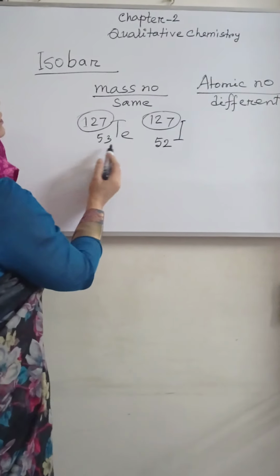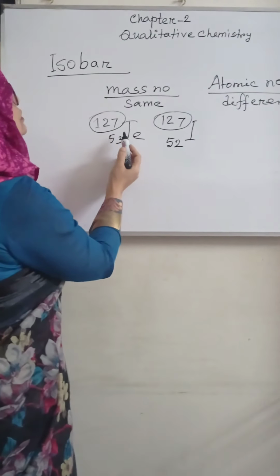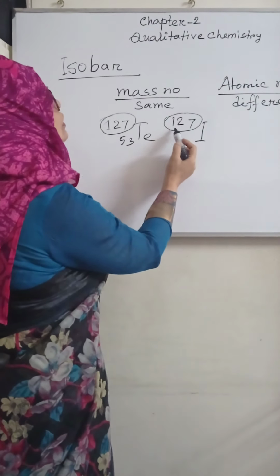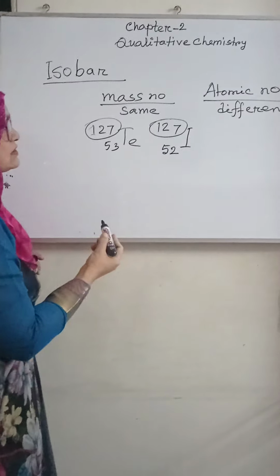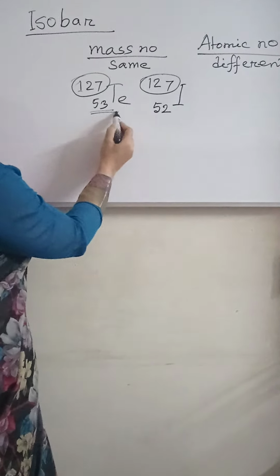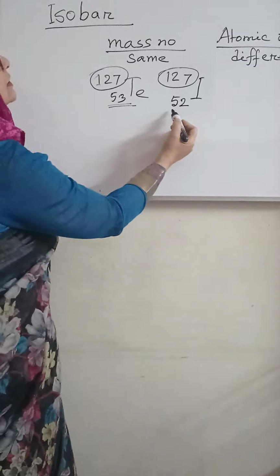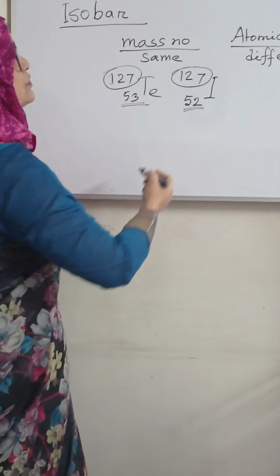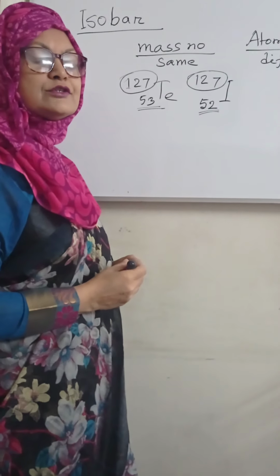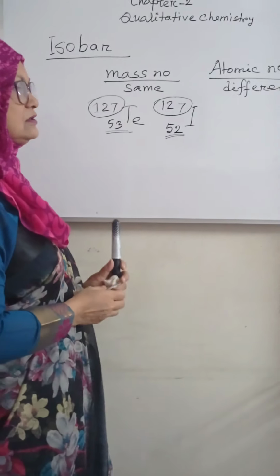The mass number of tellurium is 127 and the mass number of iodine is also 127, but their atomic number is different. The atomic number of tellurium is 53 and the atomic number of iodine is 52. So they are isobars of each other.